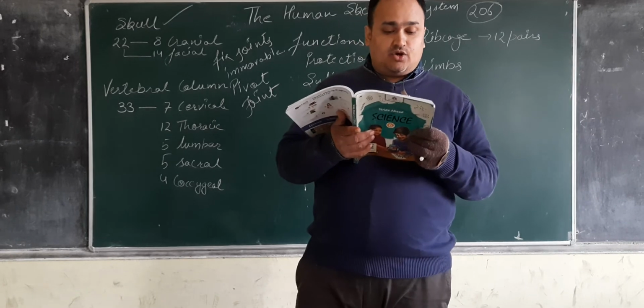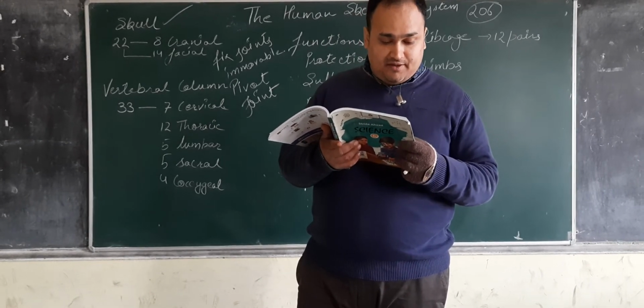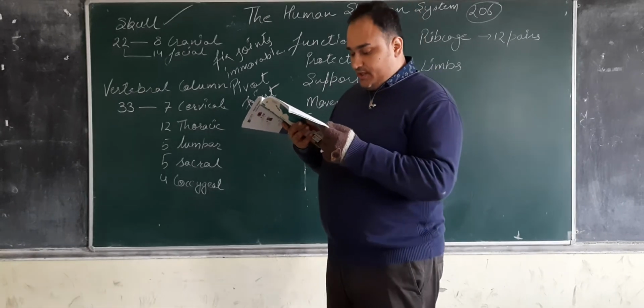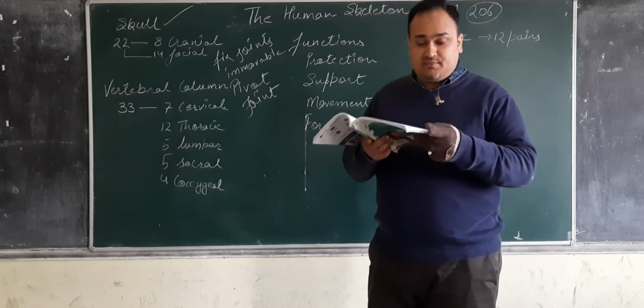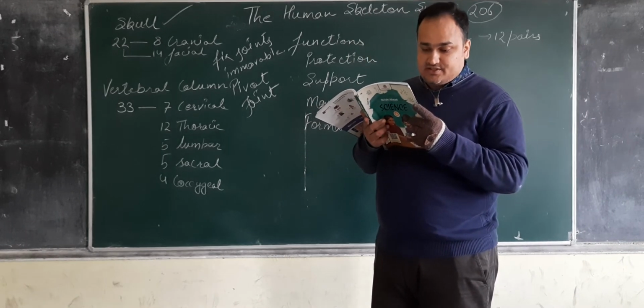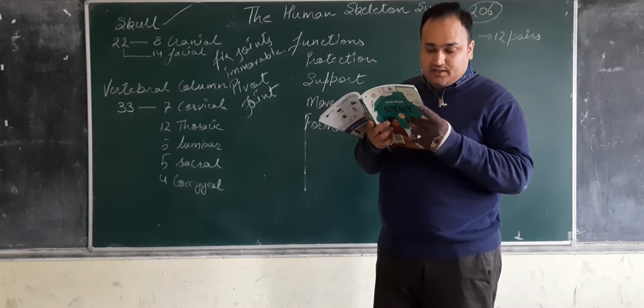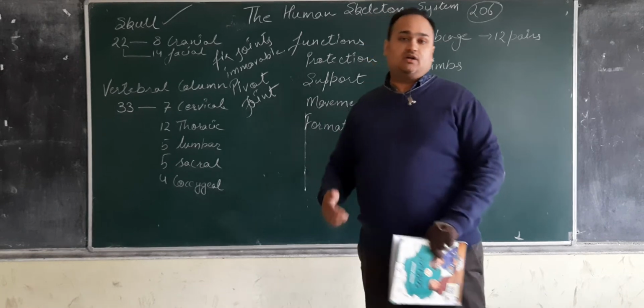Talking about the leg, we have femur, fibula, tibia, then tarsals, metatarsals and phalanges. Similarly, when we are talking about the hand, humerus, radius, ulna, carpals, metacarpals and phalanges. These are the bones we are talking about.